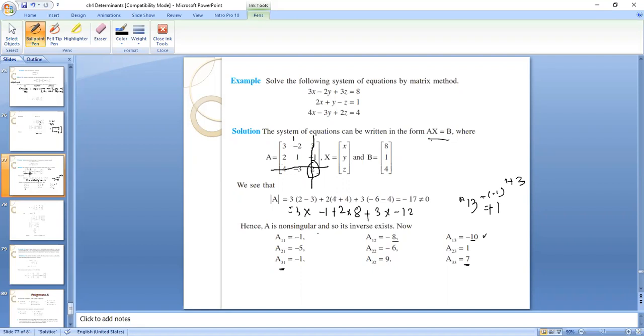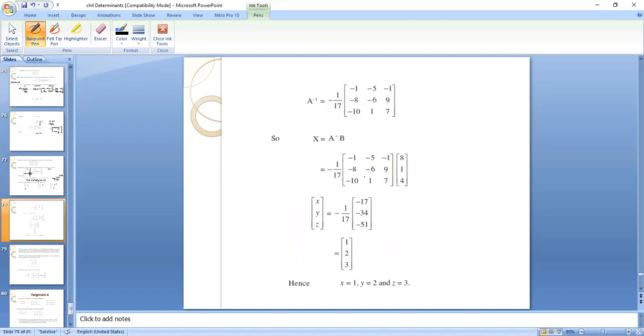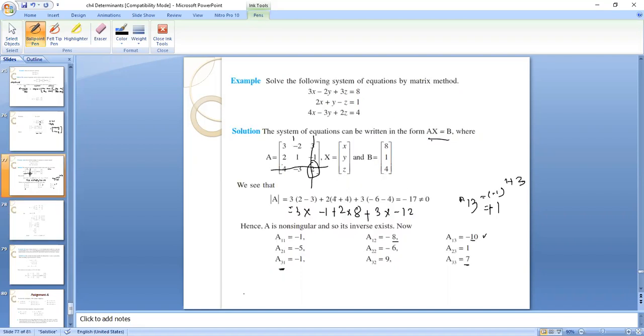Now we will be writing adjoint A. Adjoint A, we will be writing all the cofactors and transpose of that. A11 is minus 1. A12 minus 8 I am not writing here, I am writing here because directly I am writing the transpose. Minus 8, A13 I am writing minus 10.